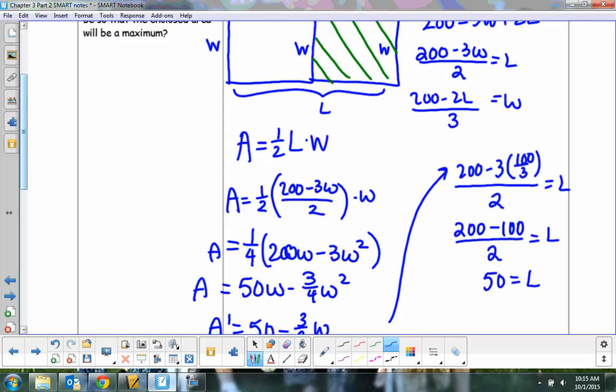So how many of you guys would say the answer is 100 thirds feet by 50 feet? No. Chandler's saying no. 50 feet is what? That whole length for both of them. So just one of the corrals would have to be a length of 25.